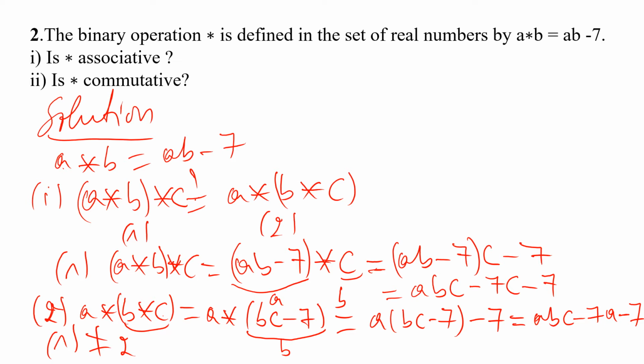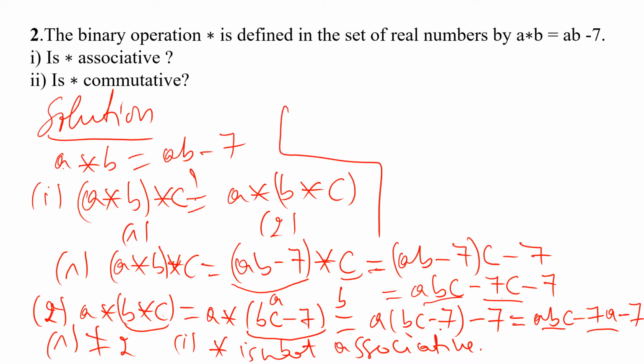Then conclusion, star is not associative. Because for the first case we have abc, it's okay, abc. Now we have negative 7c, then it is negative 7a, then they are different, then it is not associative.